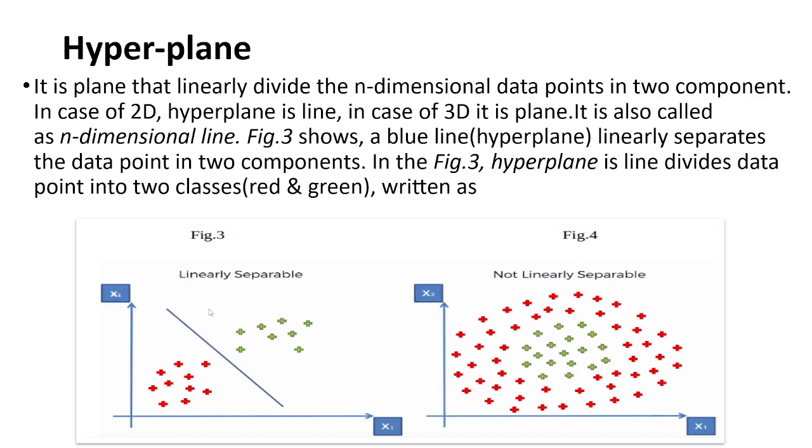That is what is linearly separable and not linearly separable. If the data is not separable, it can be represented with a plane like this, and if it is linearly separable, you can represent it with two separate points separated by a margin or a line.